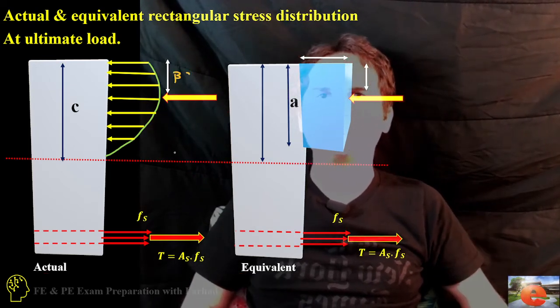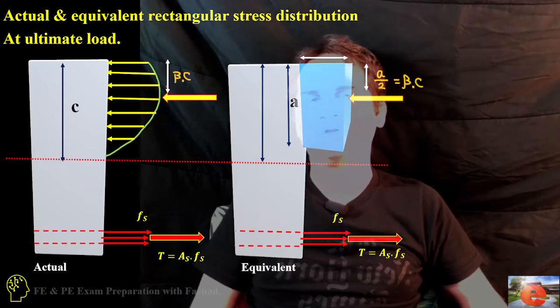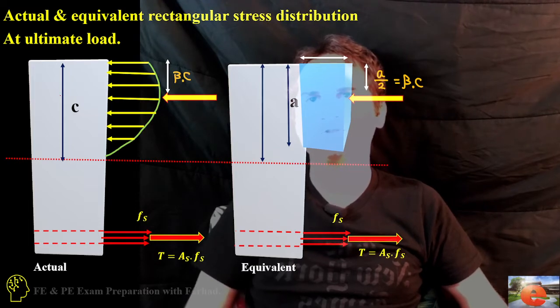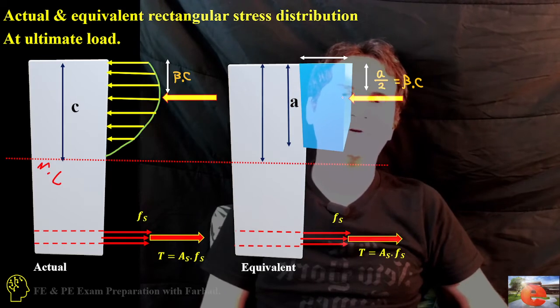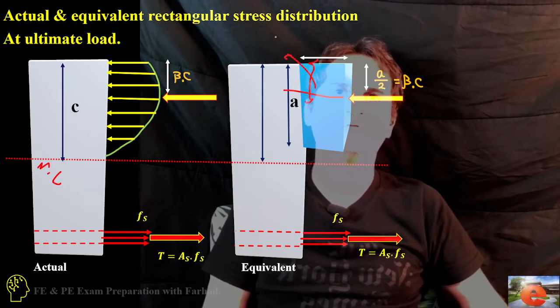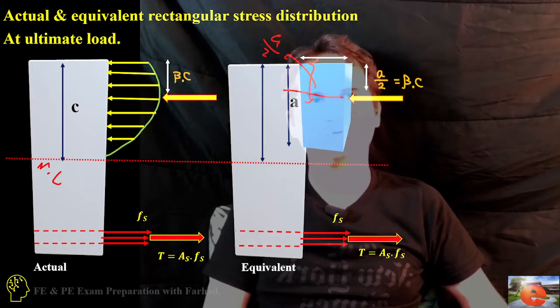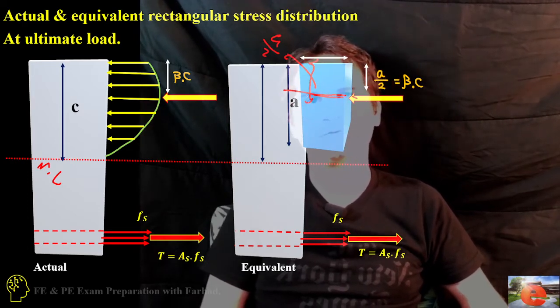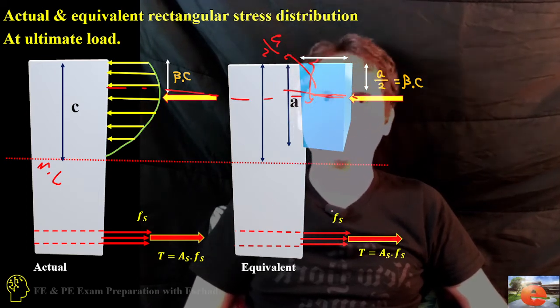So for example, if the resultant force is applied at a distance of beta times the distance to the neutral line at both, then for the rectangular section, this is A over 2. So A over 2, half of the rectangle height, should be equal to beta times C, because the resultant should apply at the same point for both of them.